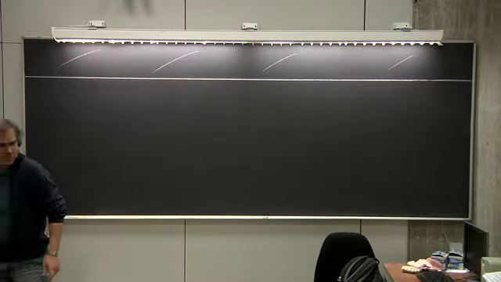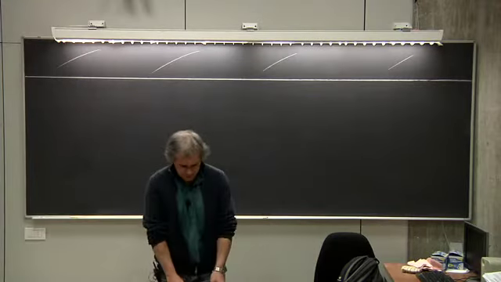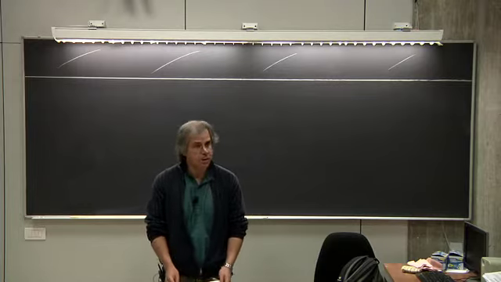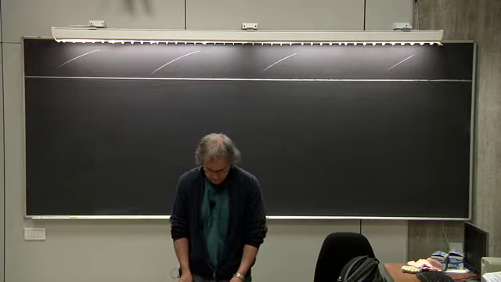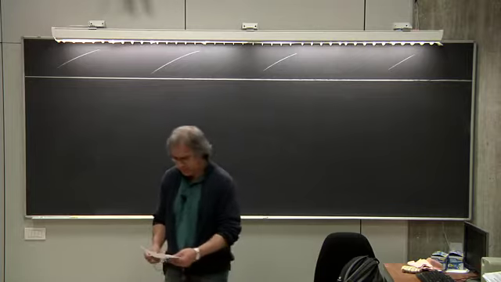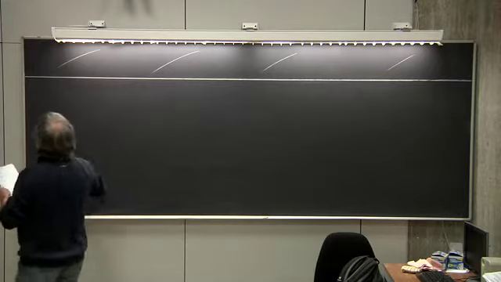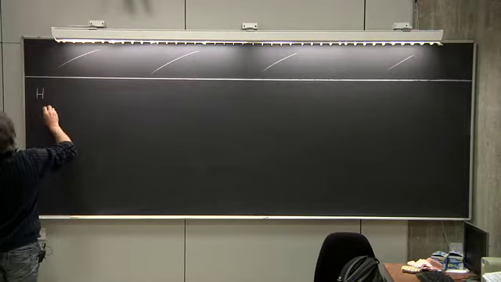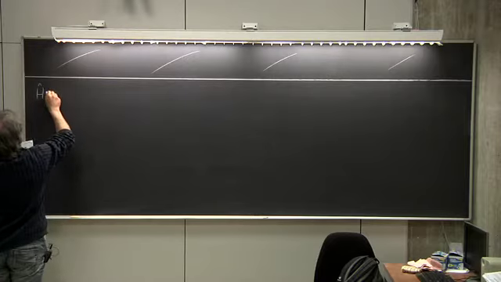Good afternoon. So let us continue with the hydrogen atom problem, which we just started yesterday. The setting up of the problem is through a Hamiltonian that has exactly the classical form.